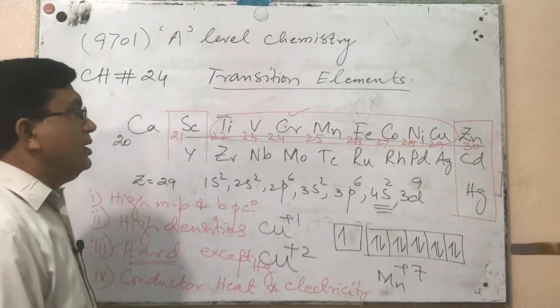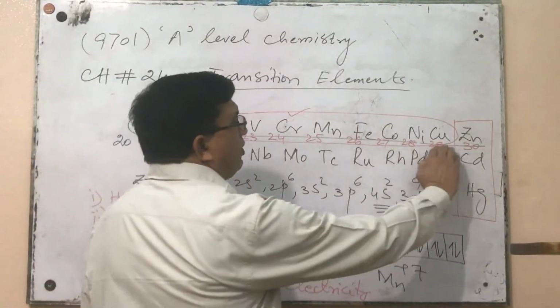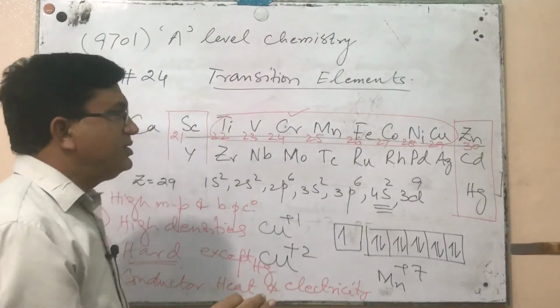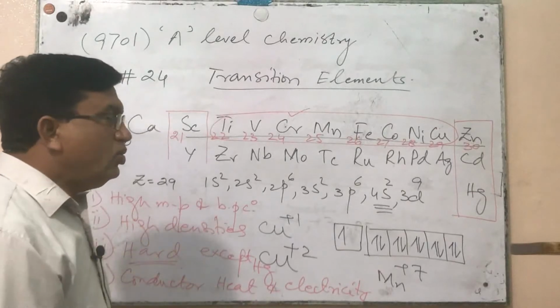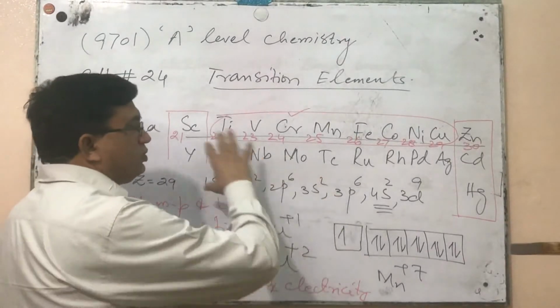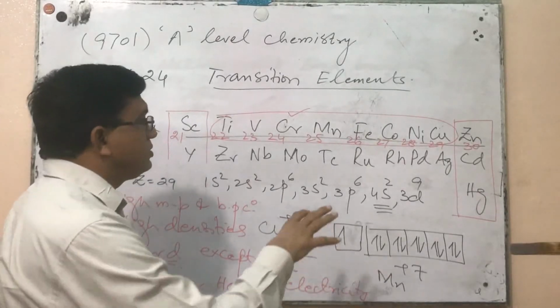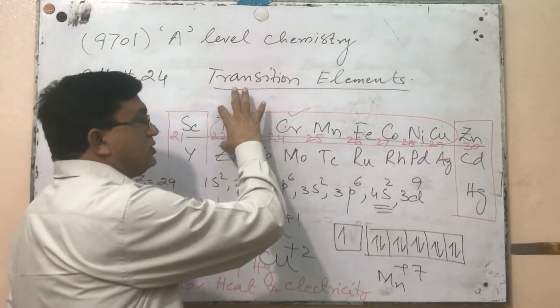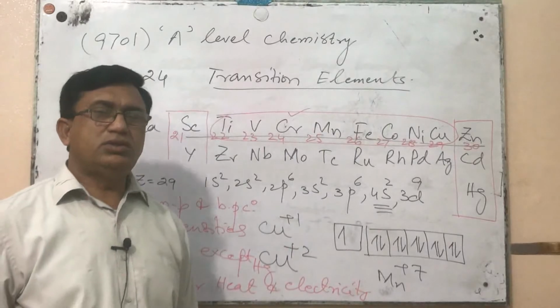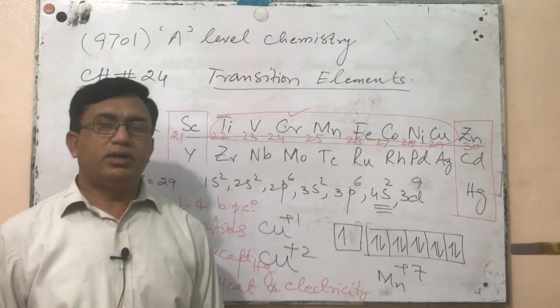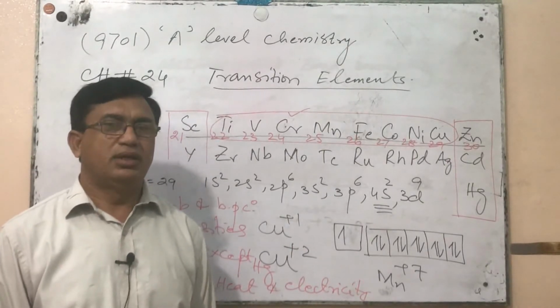In a similar manner, their cationic radii will also remain the same, and due to the same size and approximately the same force of attraction of the nucleus on the electrons, their first ionization energies will also be quite similar.